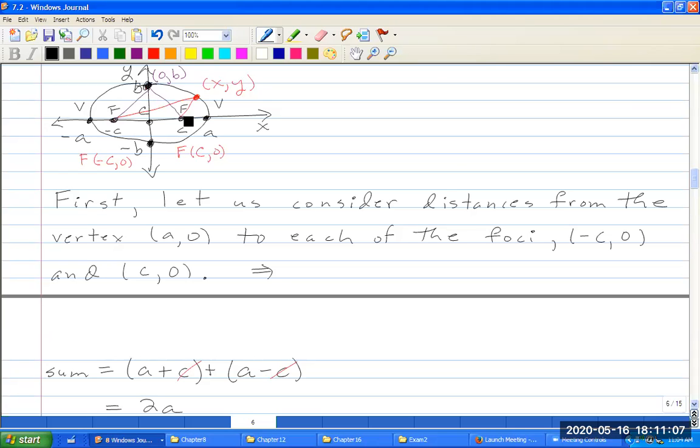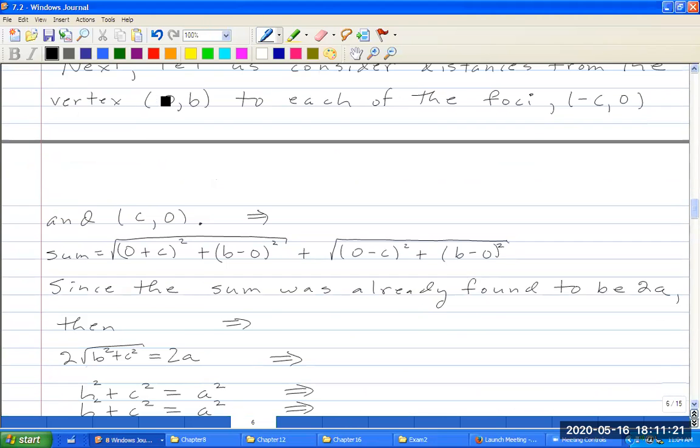And then this distance: c minus 0 squared, that's c squared, b minus 0 squared, that's b squared, so the square root of b squared plus c squared. So the distance is the sum of the two radicals.